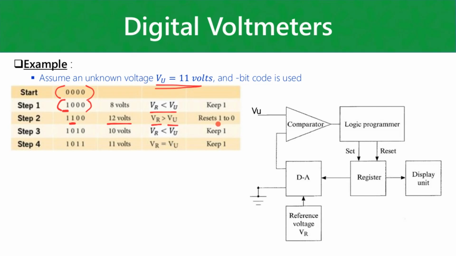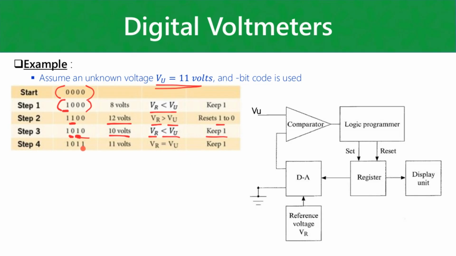So it's going to reset that 1 that it just set back to 0. You see that in the next step, in step 3. Then it takes the third most significant bit and sets that to 1. That's now 10 volts, which is again less than the unknown voltage. So we keep that 1.